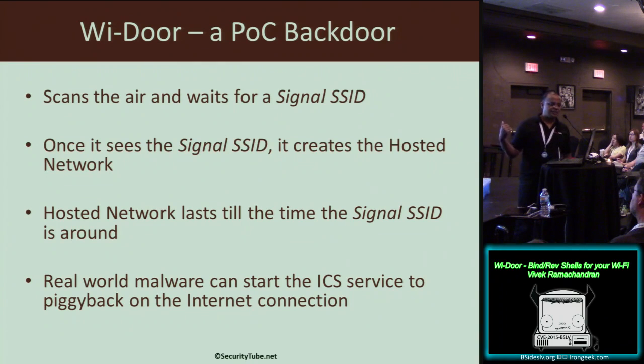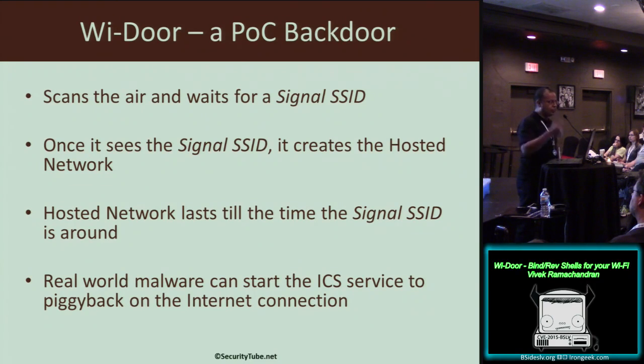I wanted the backdoor to be covert. What I decided to do was, when the piece of malware runs, it automatically scans the air at regular intervals, and it waits for what I call a signal SSID, for lack of a better word. This signal SSID is what an attacker will bring up. You could even use the hotspot facility in your phone to do that. It's just any access point.